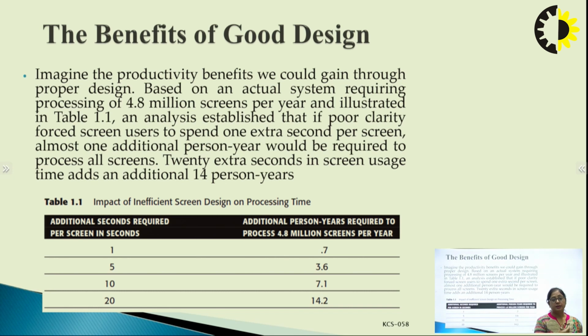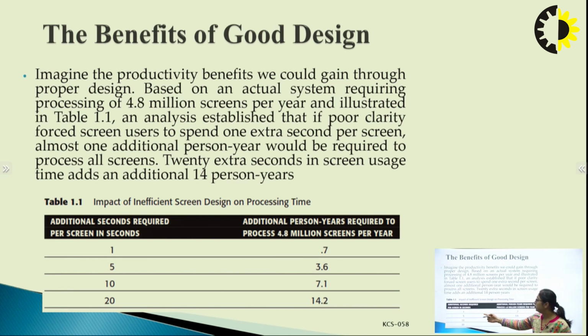So here the first column is the additional seconds required per screen in the system, and the other is the additional person years required to process 4.8 million screens per year. So we have taken data where 4.8 million screens are processed per year. So what happens if 1 second is added?